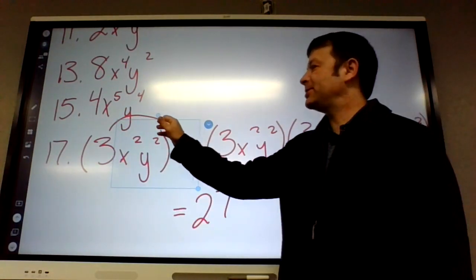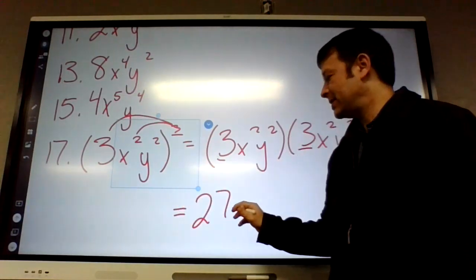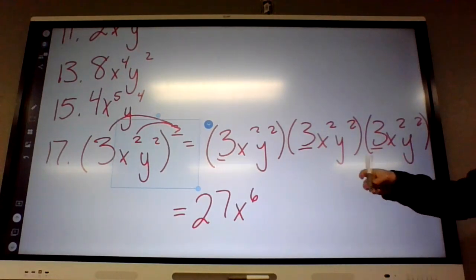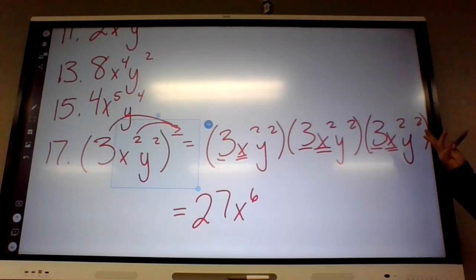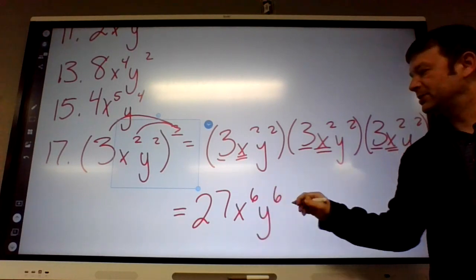We talked about this earlier. X to the 6th. Power to a power is multiply. Because how many x's do I have over here? 2, 2, 2. So we got 6. And then same thing with the y's. Y to the 6th.